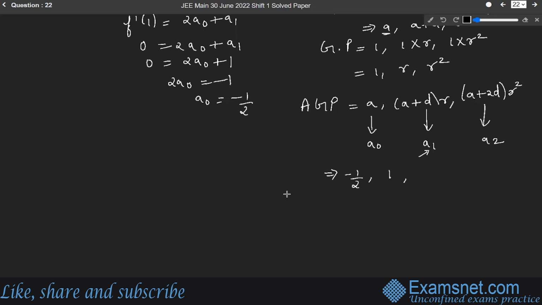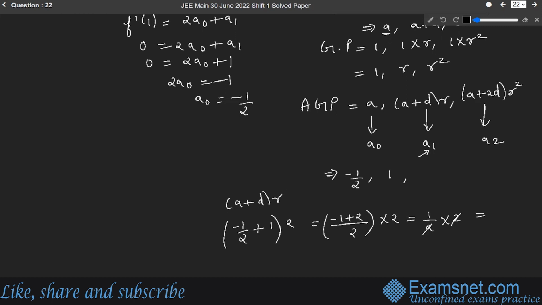We have (a plus d) into r. a is a0, which is minus 1 by 2, plus d, which is 1, into r, which is 2, as already given in the question. So minus 1 by 2 plus 1. When we take the LCM, it will be (minus 1 plus 2) by 2, multiplied by 2. So minus 1 plus 2 is 1 by 2 into 2. The 2 and 2 will be cancelled. So we have 1. You can see that the value of a1 is 1. So we have checked it.